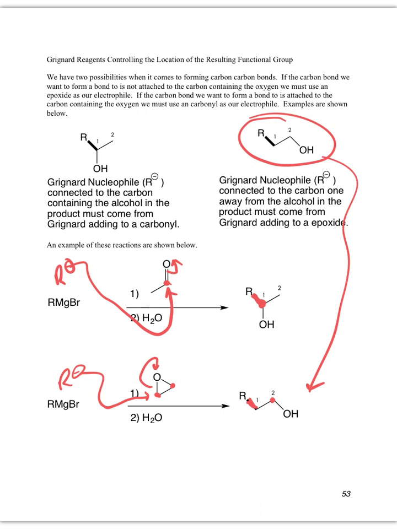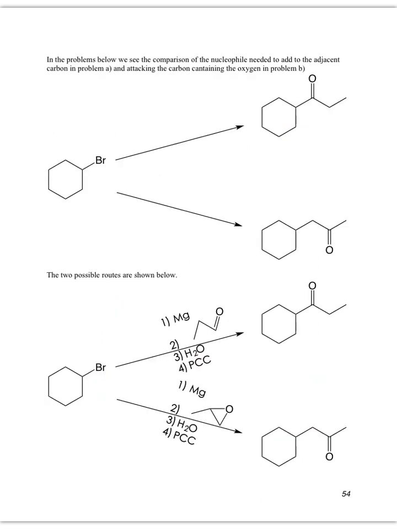Whatever is attached to the two carbons of the epoxide would have to be on the starting epoxide. Okay, so these are the only two things we can do for any of these reactions with a Grignard. We can add it to a carbonyl, we can add it to an epoxide. That goes for an alkyl lithium too.